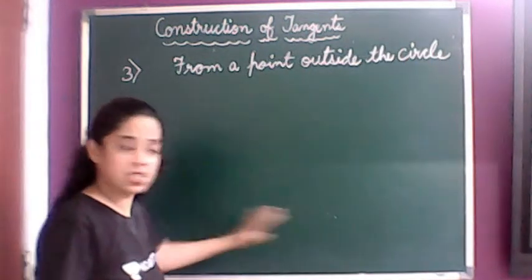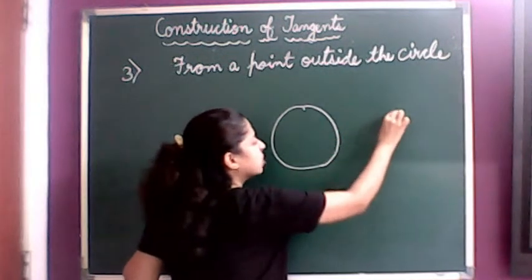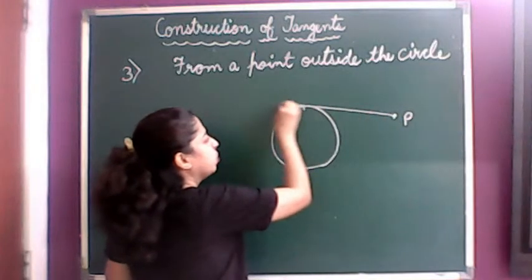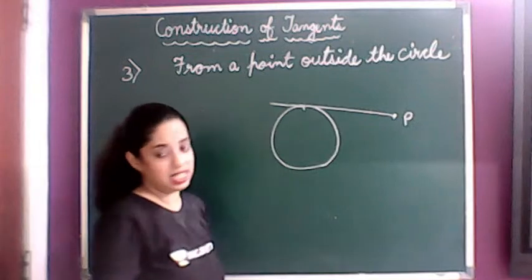Now you will be given a circle and a point outside it, say P. How can you draw a tangent to this circle from a point outside the circle? Let's see that.